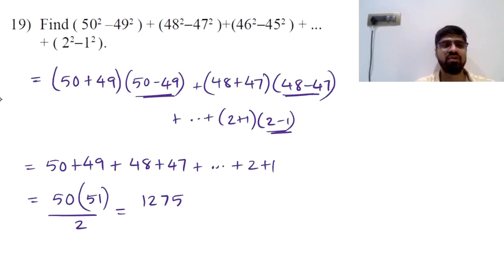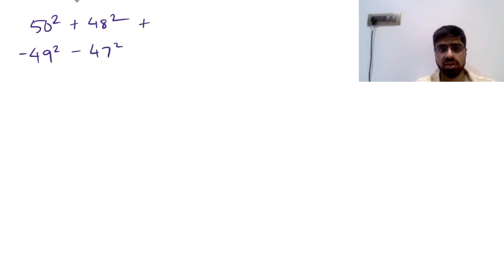And the second way of solving it is a little longer method. But yeah, the way you can solve it is this. It was 50 square minus 49 square, right? So 50 square minus 49 square plus 48 square minus 47 square plus 46 square minus 45 square, and that keeps on continuing up till here you are going to have terms up till 2 square, and here you are going to have terms up till 1 square.